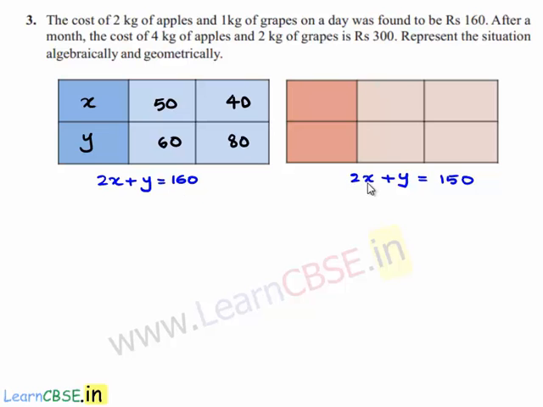Now for the equation 2x plus y is equal to 150, if x is taken as 50, the value of y is found to be 50, and if x is taken as 30, the value of y is found to be 90. So let us use these tabular forms in order to plot a graph.